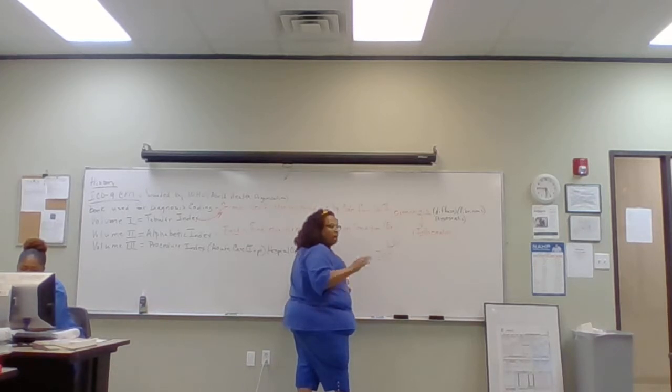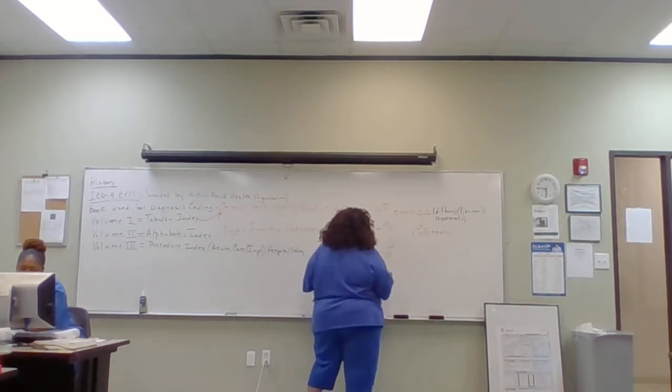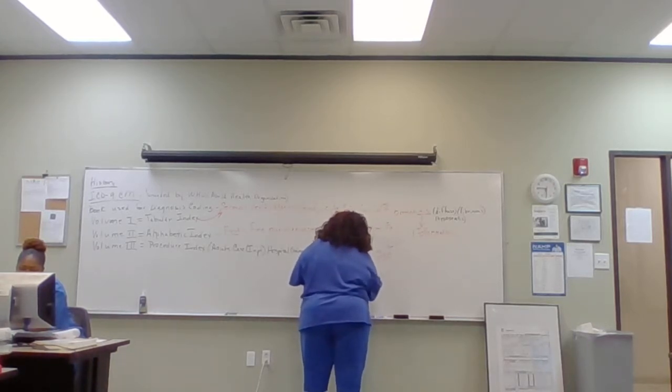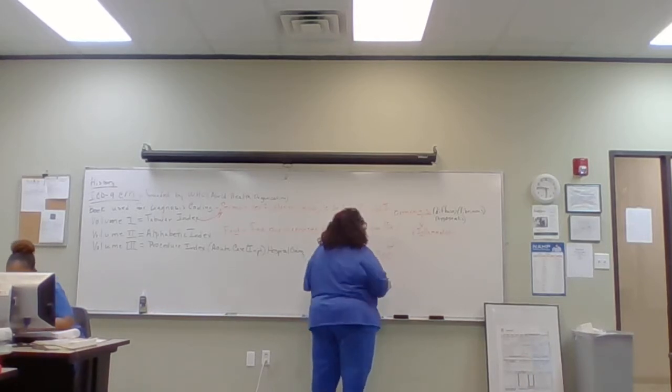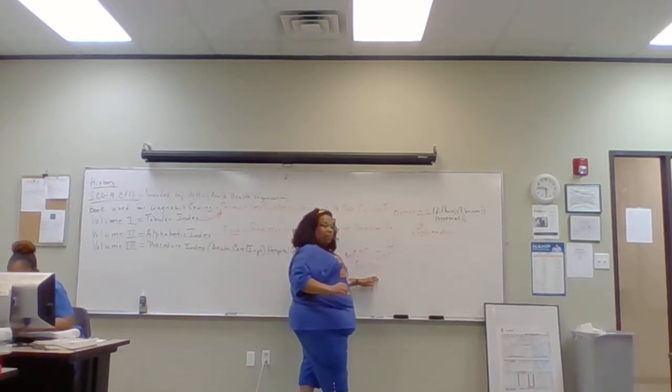If it was another diagnosis code by name and it has a red dot by it, let's just say, for example, it requires a 4th or 5th digit, then it would be J40.1. 1, 2, 3, 4. 4 digits. Can you see that?